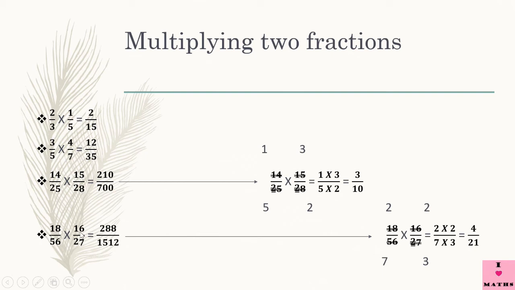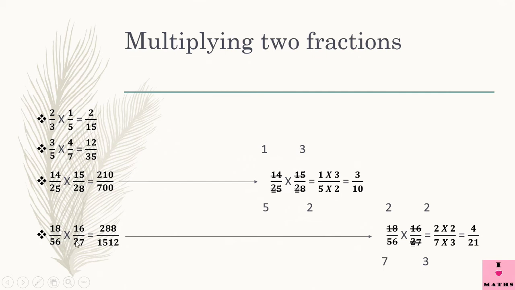We can't cancel 3 numbers, beta. Do you know why? Because we are supposed to divide the numerator and denominator by the same number. We will not divide 2 numerators and 1 denominator. We will not do that, beta. We will divide only 1 numerator and 1 denominator by the same number.